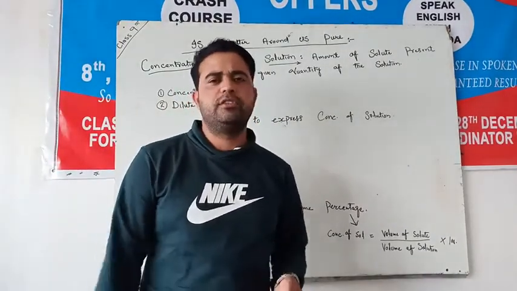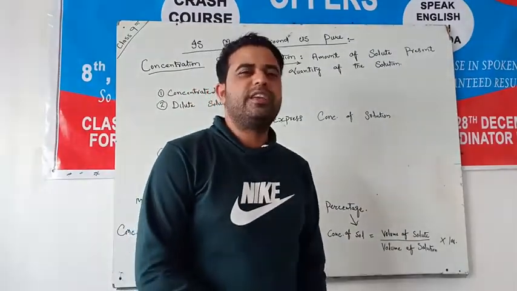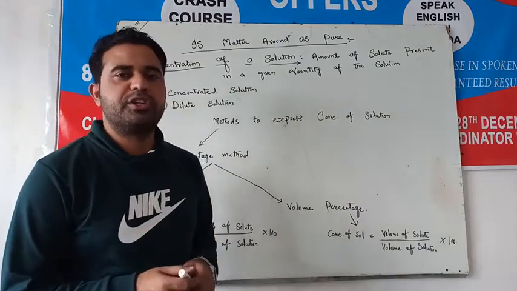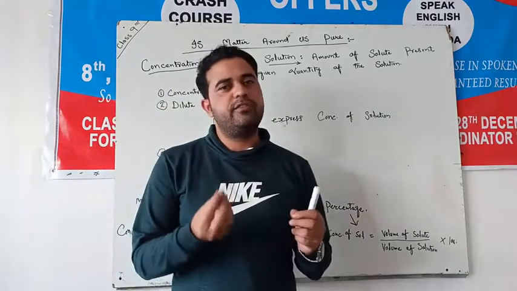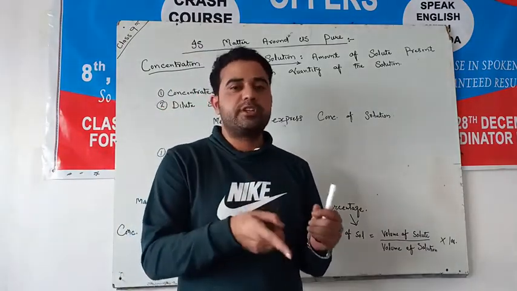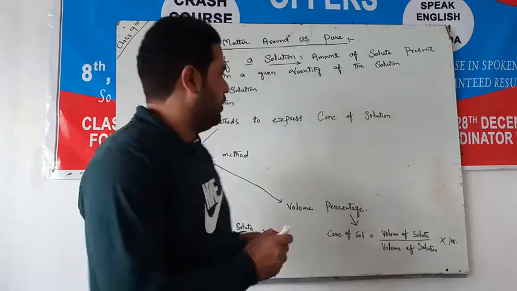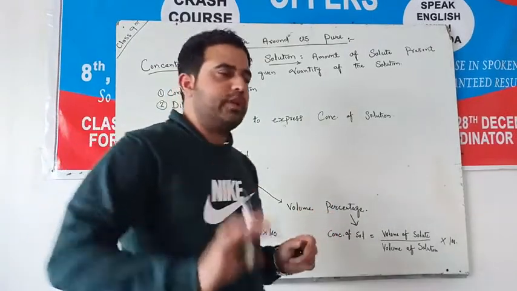In our day-to-day lives, we see different types of solutions. There are certain solutions in which the concentration, amount or percentage of the solute is low. There are certain solutions in which we can dissolve a higher percentage of solute in the solvent. Conversely, we can say that there are two types of solution.